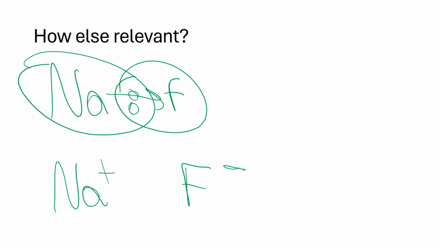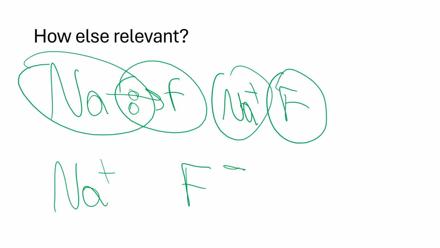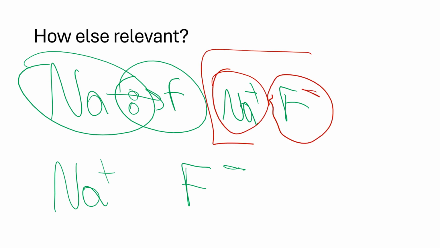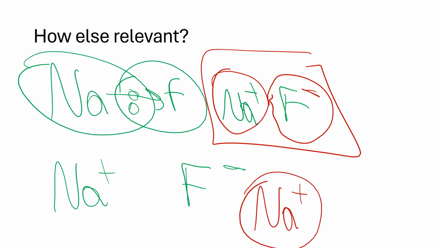Fluorine's stronger at pulling those electrons, so eventually fluorine just takes them, and there'll be nothing shared in the middle. So I should not have those overlap. And then there's an attraction between them. So just like NaCl, what does NaCl form? Because chlorine pulls an electron from sodium, and then positive and negative attract.